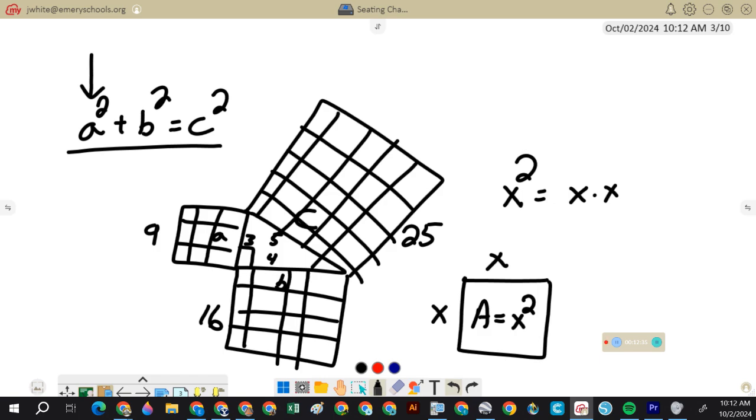So the neat thing is, this is true when the numbers are really friendly, right? This one's obvious that 9 squares plus 16 squares, if they're all the same size, is equal to 25 squares of the same size. But what if the numbers are not nice?